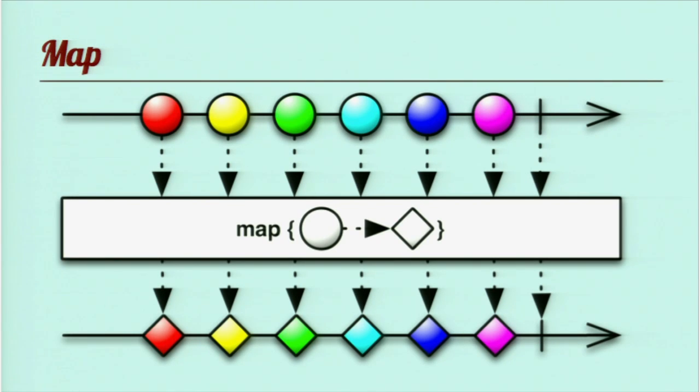So here we see that when it receives a red marble in the input observable, it will pass it to the map function, which transforms the form into a diamond, and it will emit a diamond. So what you get as an output of that is an observable of diamonds of the same color as your input.